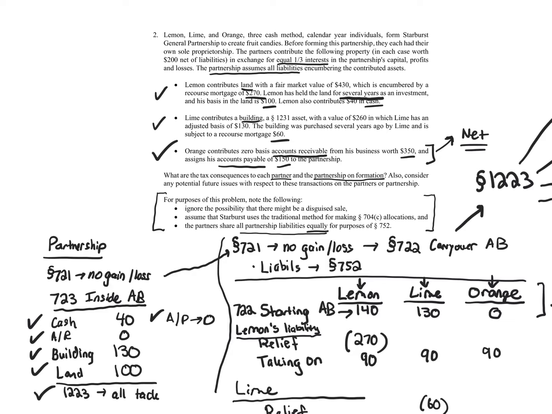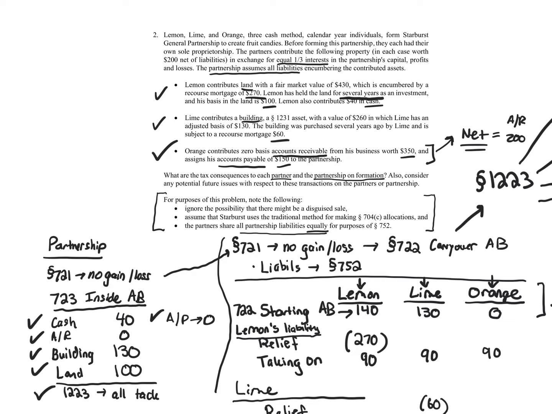So after this transaction, the partnership does not have accounts receivable of $350 and accounts payable of $150. Simply, it's just going to be accounts receivable of $200. The book amount is going to be accounts receivable of $200. We're going to net the 2 numbers because the basis is still 0, so we don't have to separate them. That's why it's specific to cash method. If it's the accrual method, you have to separate them because they could have different bases. So it makes a difference.